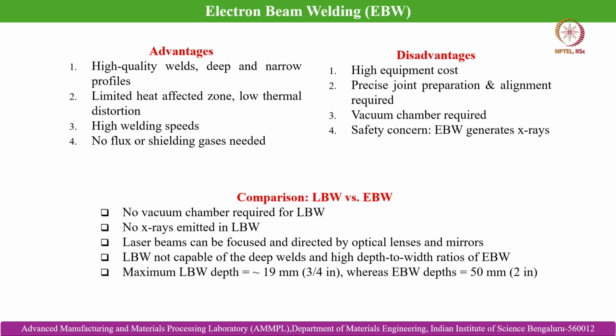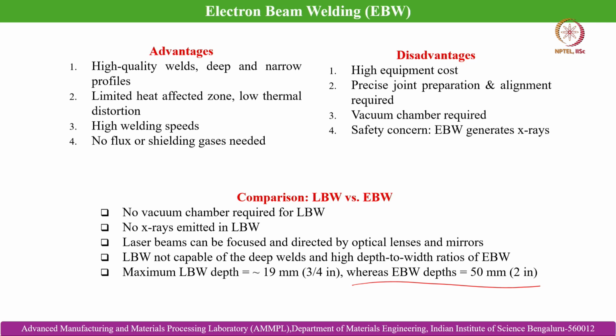It is generally restricted between 7 to 10 mm, although maximum can be 19 mm. Whereas EBW can comfortably weld up to 50 mm deep. So, that is a major advantage of EBW over LBW technique.